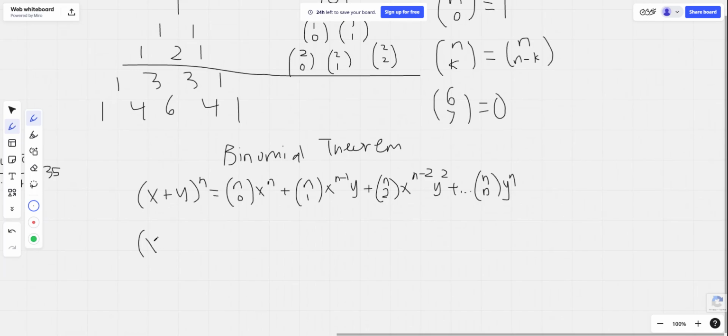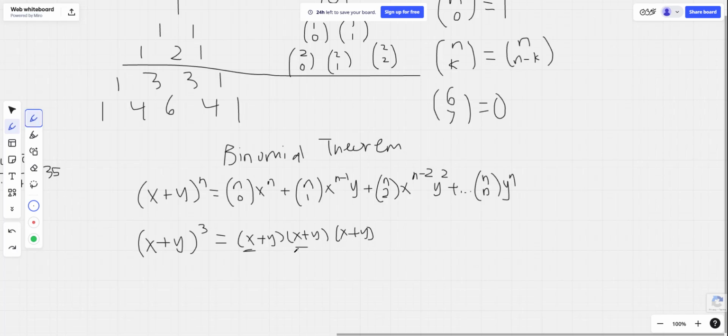So let's say we have (x plus y) cubed, which equals, if we write it out, (x plus y) times (x plus y) times (x plus y). You notice to get x cubed, you have to pick 3 x's: x times x times x.